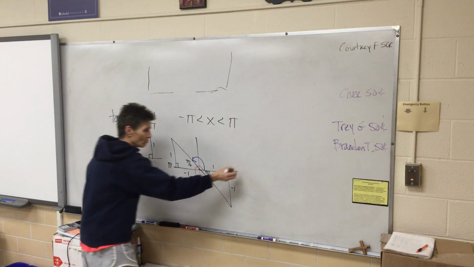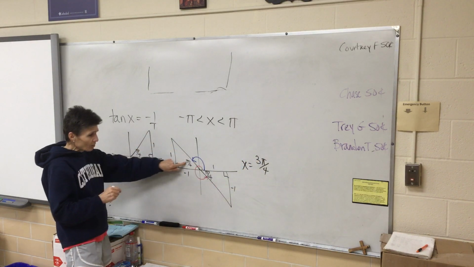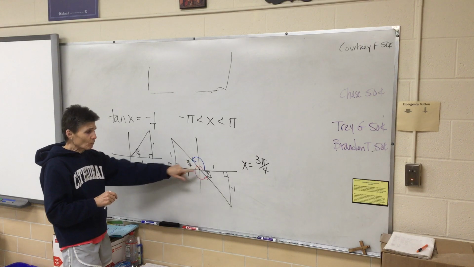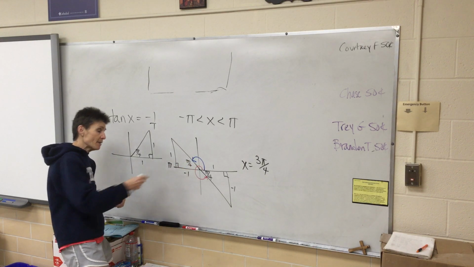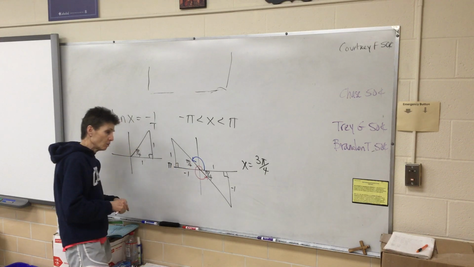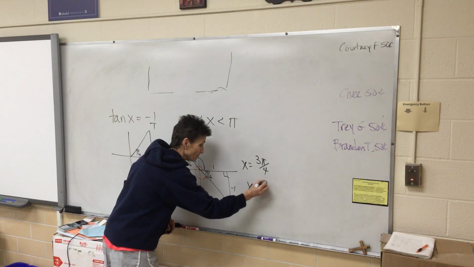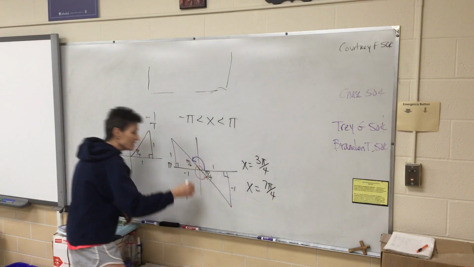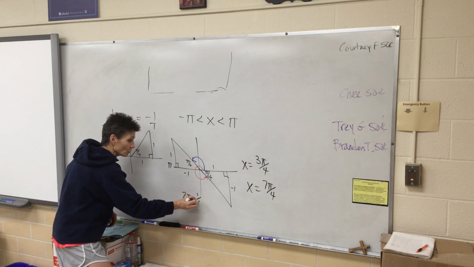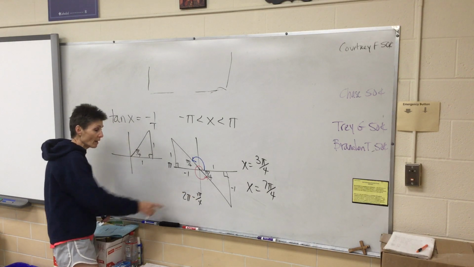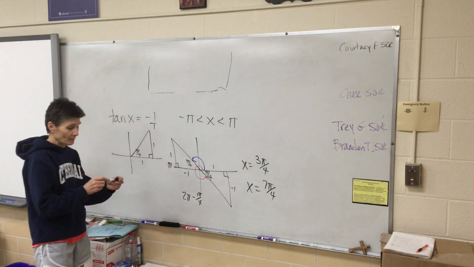So that would be 3 pi/4. This is a fourth, so this has to be 3/4 because that's a whole. And then the red one, all the way around, would be 7/4. Because all the way around is 2 pi, but you're going minus a fourth. So 8/4 minus 1/4, 7/4.